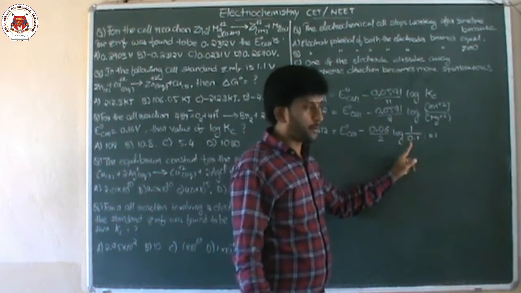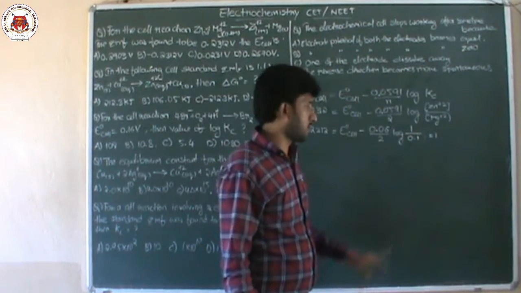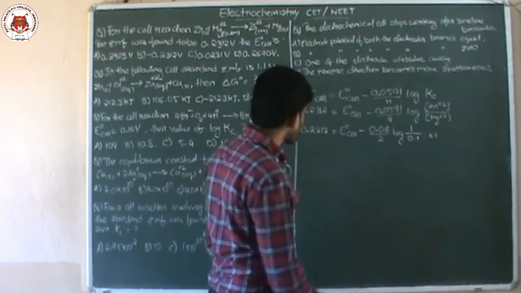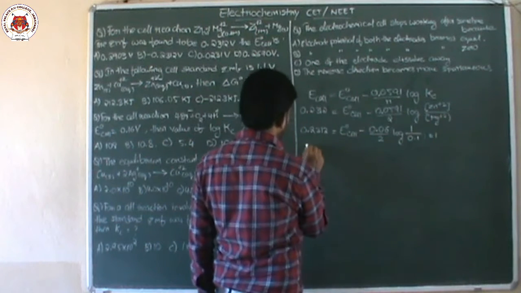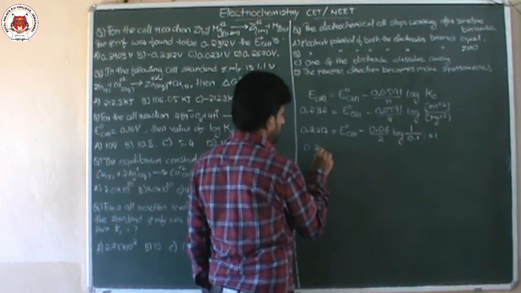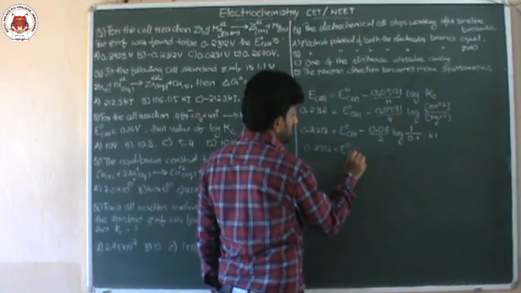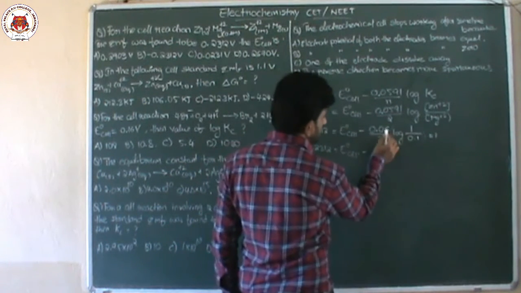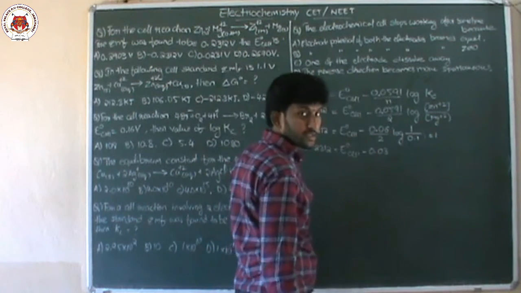Because 1 by 0.1 means 10, and log 10 is 1. Now what I can write for E naught cell, one more step: 0.2312 is equal to E naught cell minus 0.06 by 2, which can be written as 0.03.